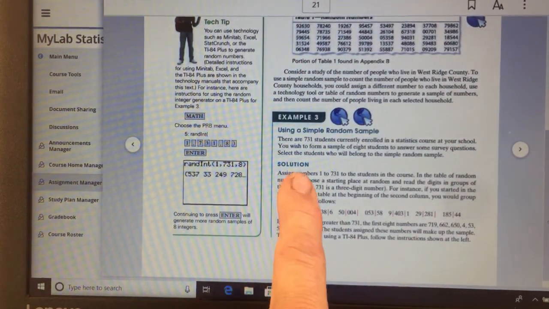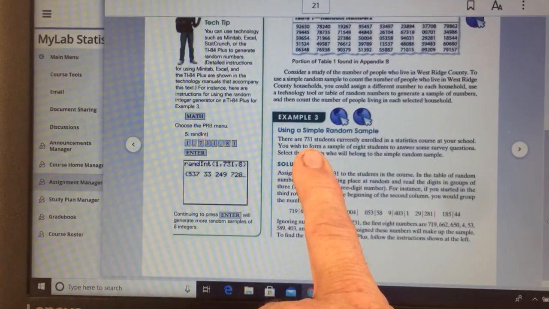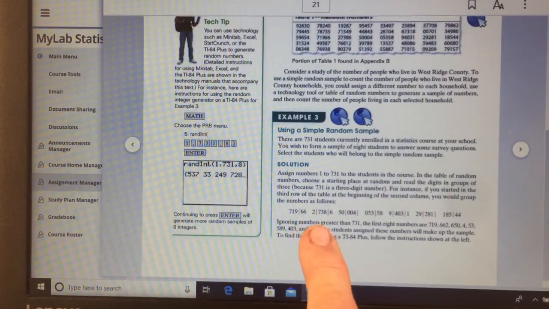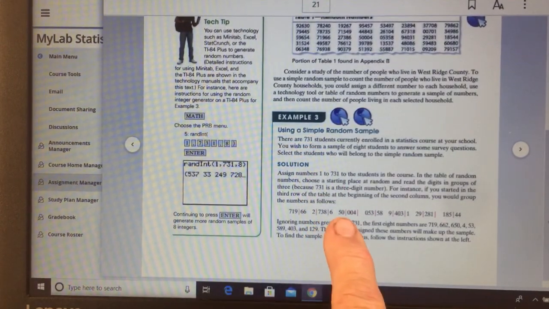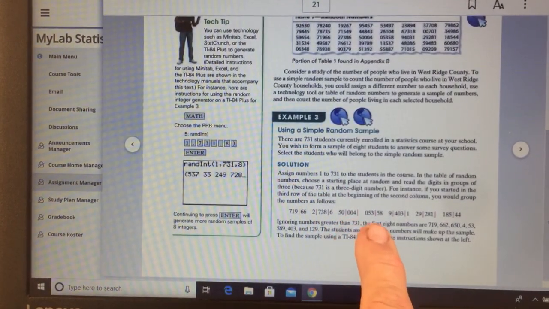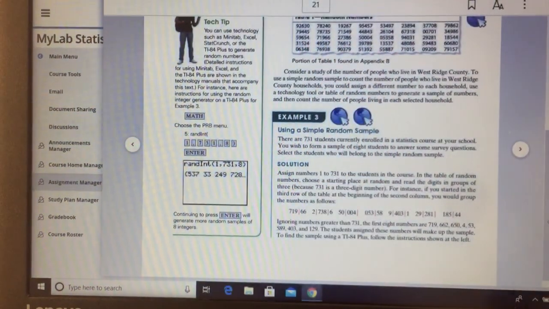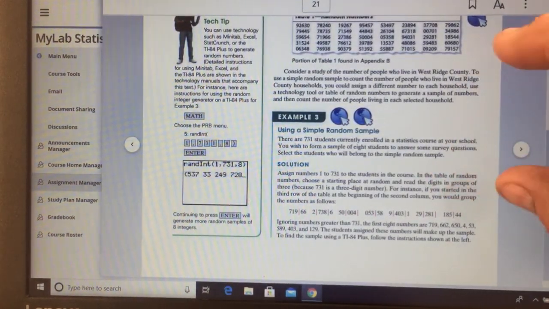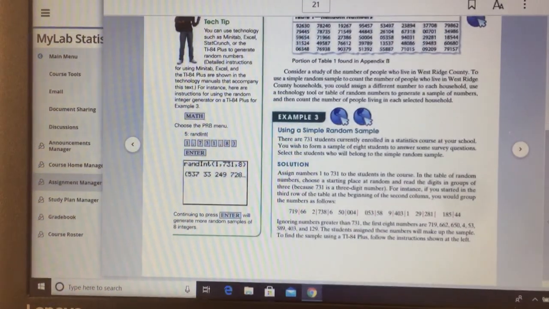So 719, there's the first 3 numbers. They're doing 3 numbers because it's 731, which is 3 digits. Then the next 3 will be 662. Next one will be 738. 738 is too much, so that one's ruled out. Then 650, then 004, and then 053. And if you go in these numbers right here, now you can look this up on your computer yourself and see this better, but this is how numbers are generated randomly, how they're selected.